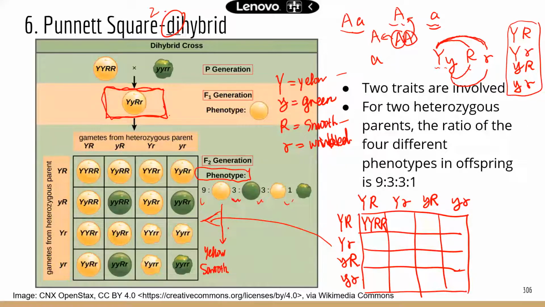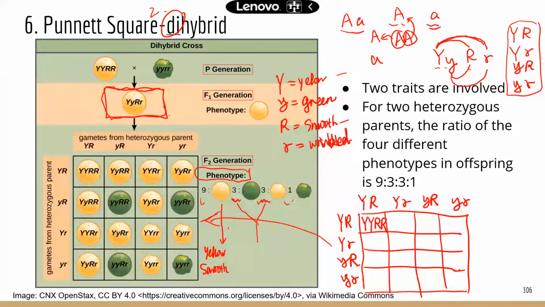And the 3 and 3 will refer to organisms that have only 1 trait being dominant. So this means 1 trait being dominant, the other trait being recessive.